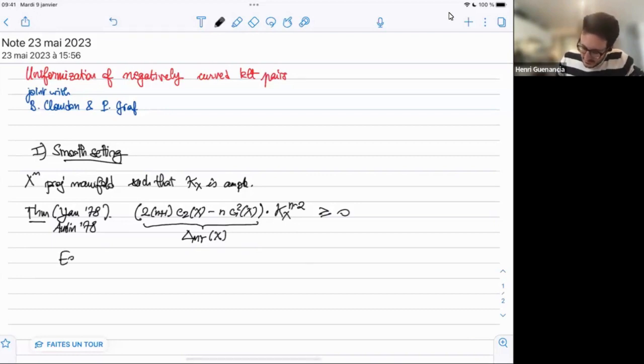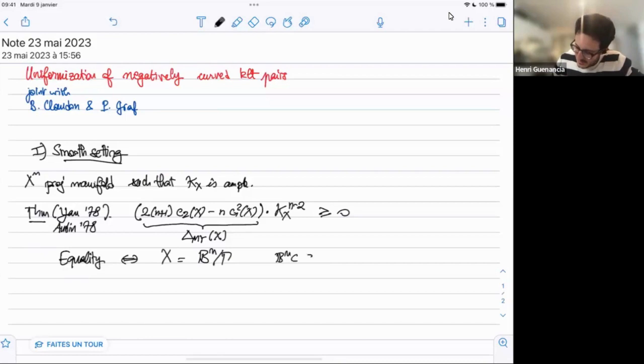And so the proof of the inequality shows immediately, more or less immediately, that equality occurs if and only if X is uniformized by the ball. And by this, I mean that X is a quotient of the unit ball in C^n.